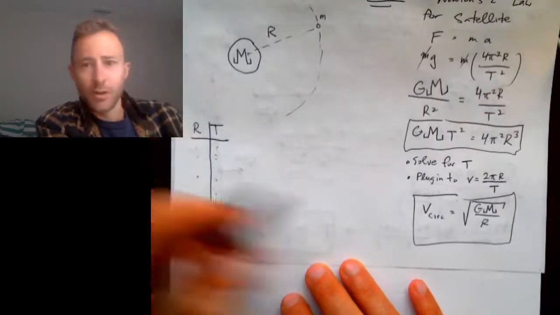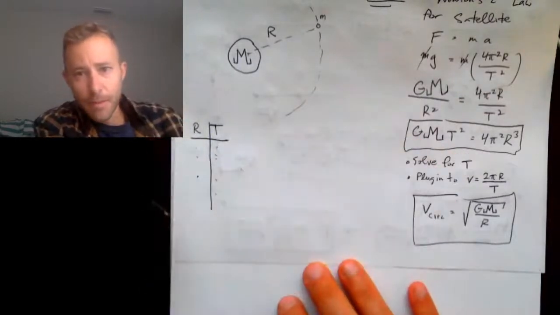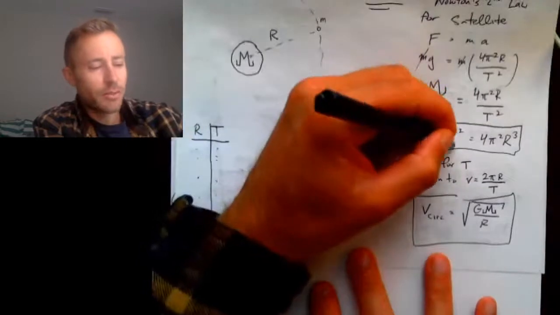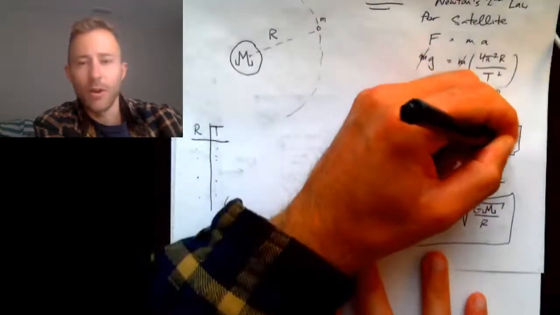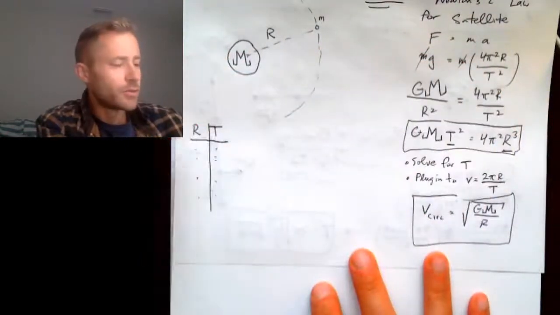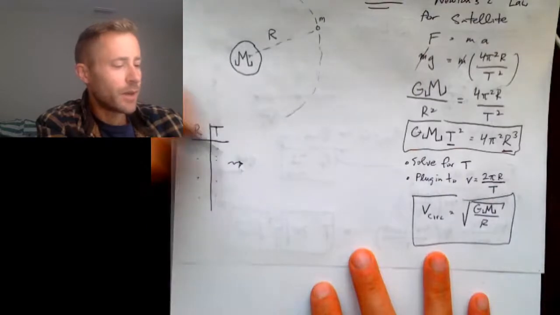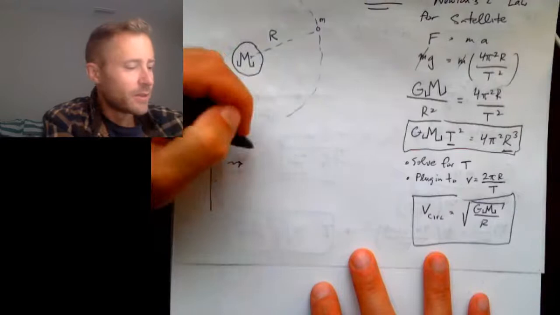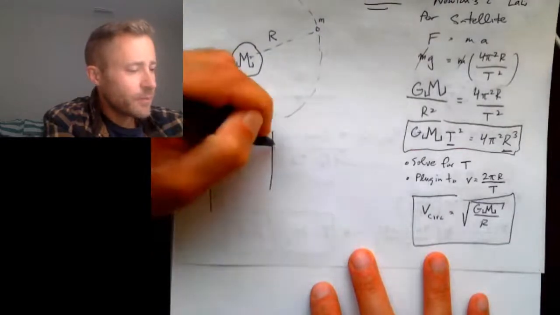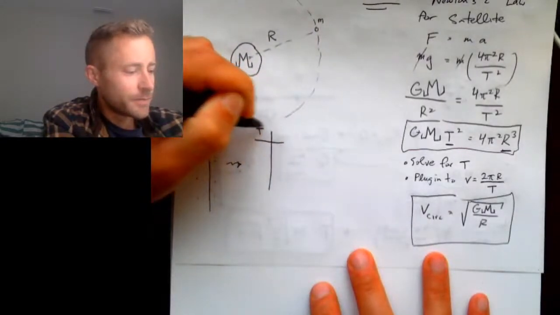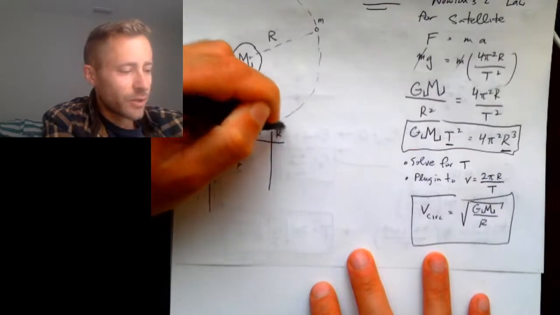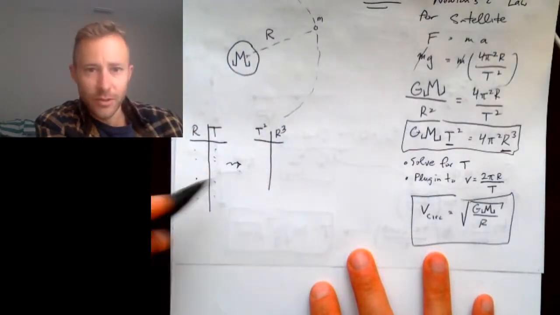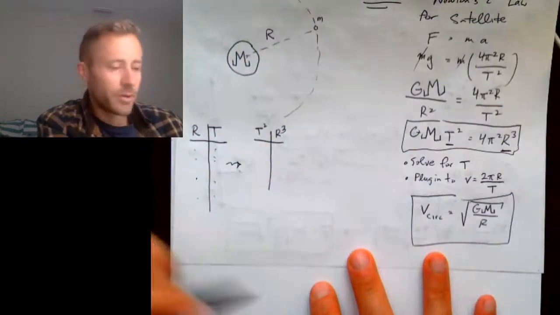These are related according to Kepler's law. But notice how Kepler's law is period squared and r cubed. So we transform our data table. Okay? So we have period squared versus r cubed. So we cube the r's and we square the periods.